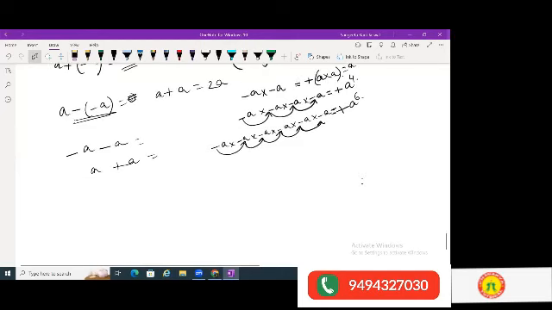Similarly, suppose you have minus A with an odd power, say 1, 3, 5, 7, any odd number power, then your answer will always be negative. Suppose you just try minus A multiplied 3 times.